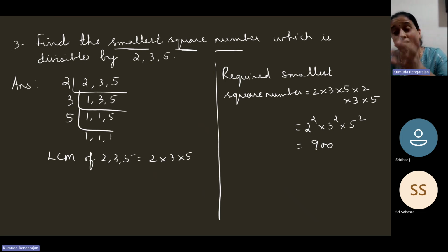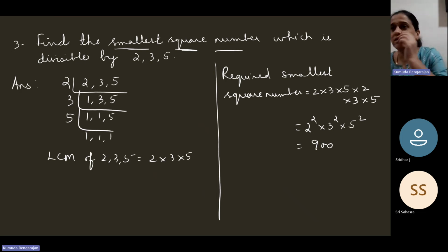Okay, but they want the number to be a square number. So the smallest square number exactly divisible by 2, 3 and 5 is 900. 900 is a square number, yes or no? 30 into 30 is 900. 900 is a square number, and that is the smallest square number divisible by 2, 3 and 5.